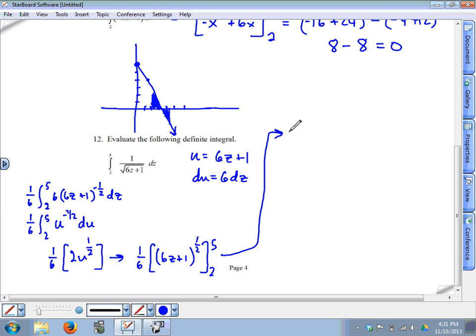So this becomes 1/6 times, actually I forgot a 2 right there. It's 2 times u to the 1/2, so that should be 2. Let me rewrite this. 2 times 6z plus 1 to the 1/2. Now, plug a 5 in for this z. 6 times 5 is 30 plus 1 is 31, so this is 2 times the square root of 31.